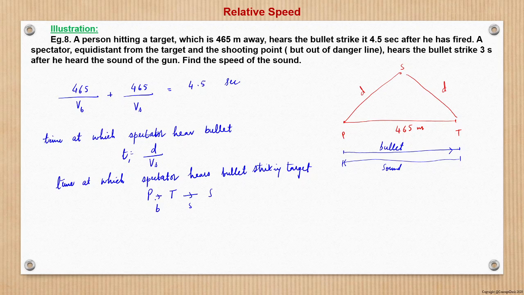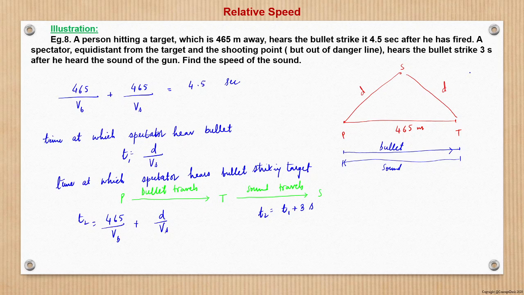So the bullet travels from point P to T, that is 465 by VB, plus from T to S it is D upon Vs. So this is T2, and it is given that T2 is nothing but T1 plus 3 seconds, right?